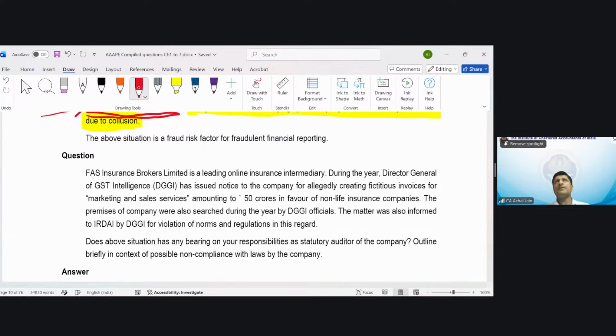Now let's look at the next one. Faz Insurance Brokers Limited is a leading online insurance intermediary. Now the nature of the industry doesn't matter, but that's something you'll have to consider.